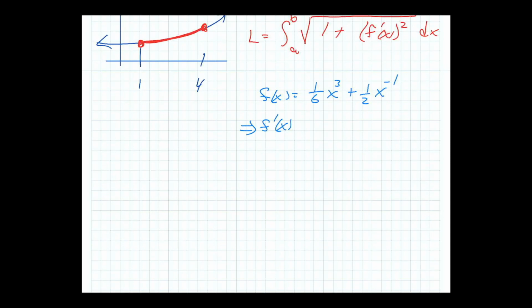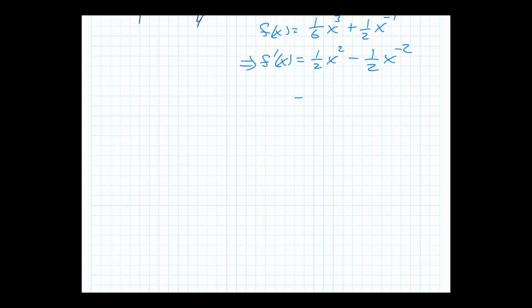So f prime is, you take the 3 down in front, 1/2 x squared. Here you take the negative 1 down in front, makes it negative 1/2 x. Negative 1 minus 1 is negative 2. So there's my derivative, which I can write this way, 1/2 x squared minus 1 over 2x squared.